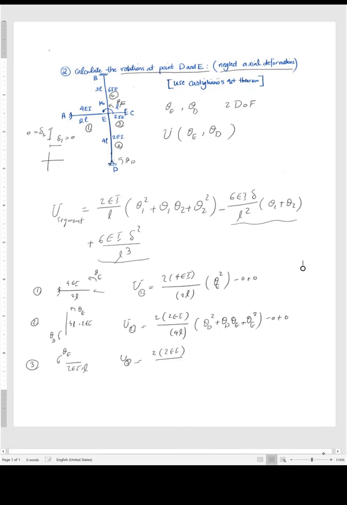There's no 2 here, you just have L times theta E squared.